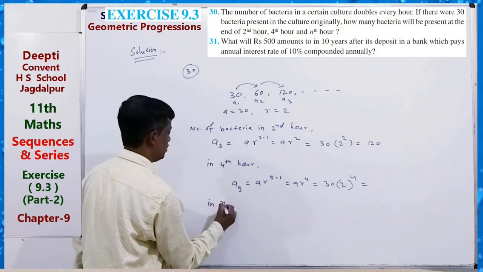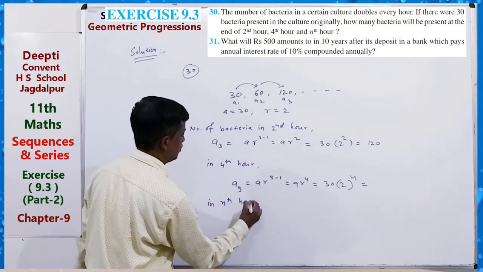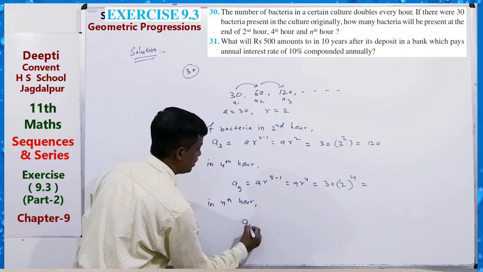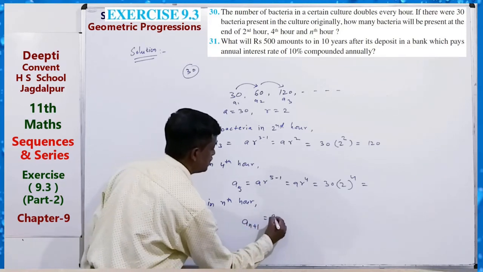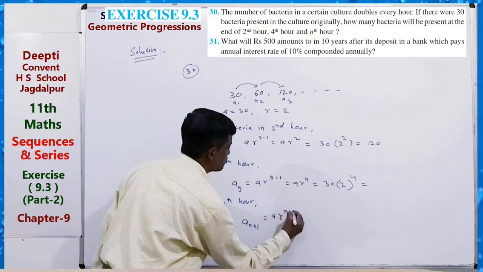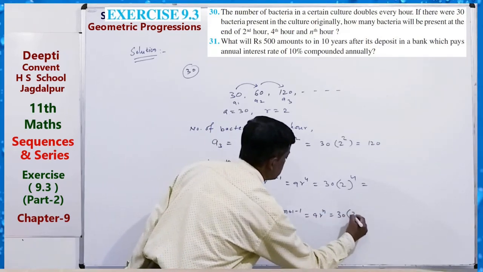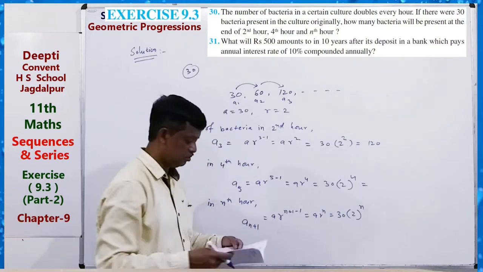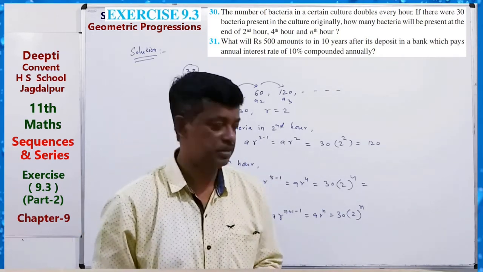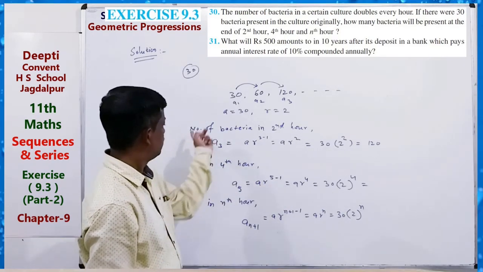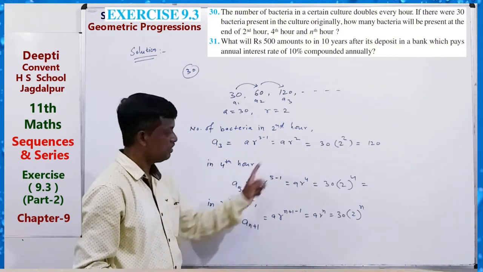In nth hour, A n plus 1. That is A R to the power n plus 1 minus 1, A R to the power n. That is 30 into 2 to the power n. So this is the number of bacteria in second hour, in fourth hour, in nth hour.